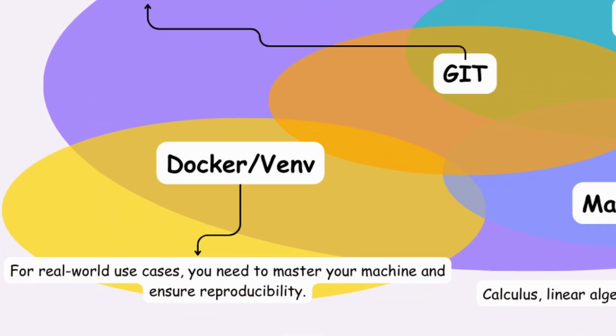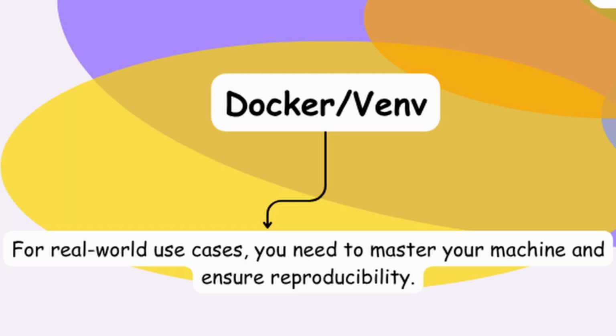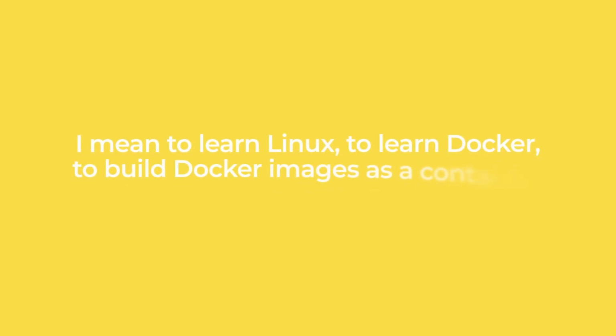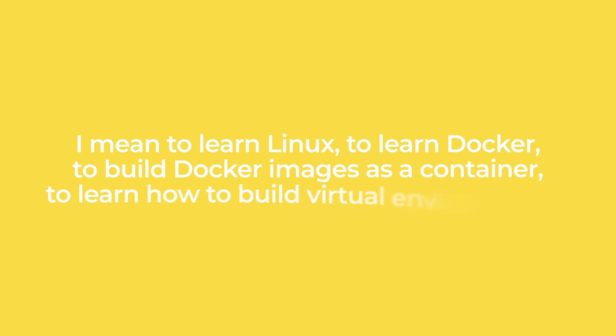And number 5 is master your machine. By that, I mean to learn Linux, to learn Docker, to build Docker images as containers, to learn how to build virtual environments. These are very important because if you start a project, you will need to create a virtual environment. You will need to set up a Python environment.